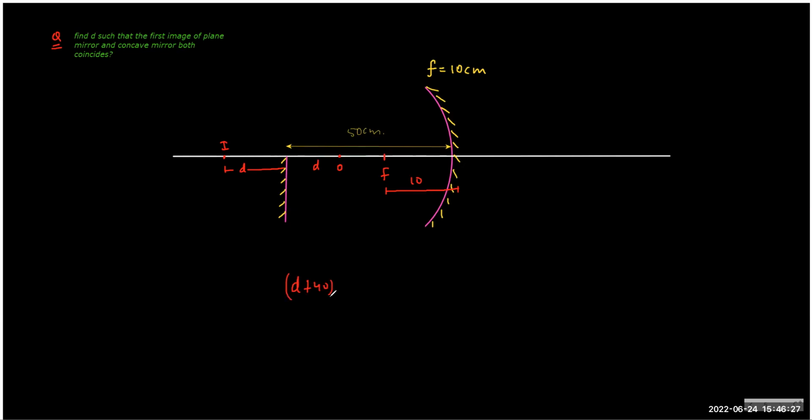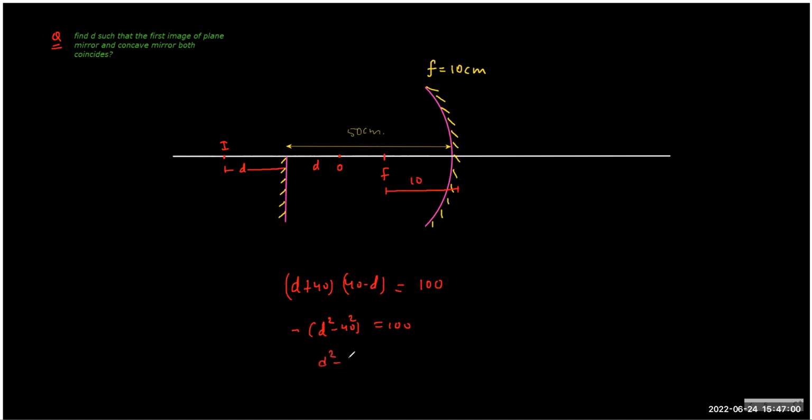And what is the distance of the object from the focus? 40 minus D. And this must be equal to 100. It's just a quadratic. I think this is minus D square minus 40 square, right? A plus b into a minus b. And this equals 100.